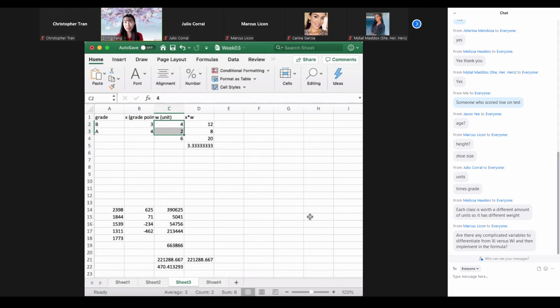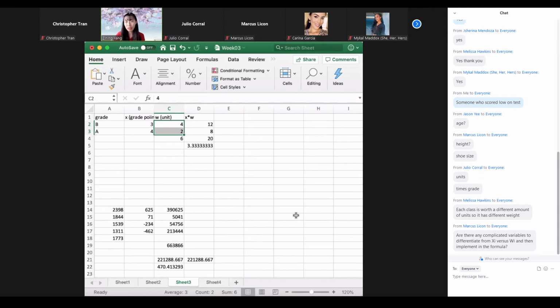It may be assigned specifically, like on my syllabus, right? I told you class participation has a 10% weight, homework has a 30% weight, right? So it could be specifically defined. But overall, the weights represent how important each item is. So when you have an indicator of that, you know that's W.